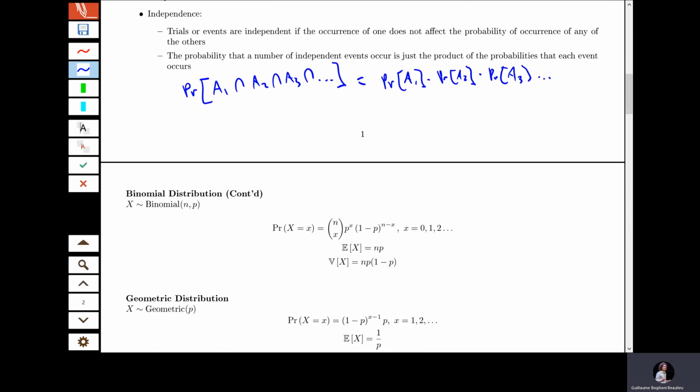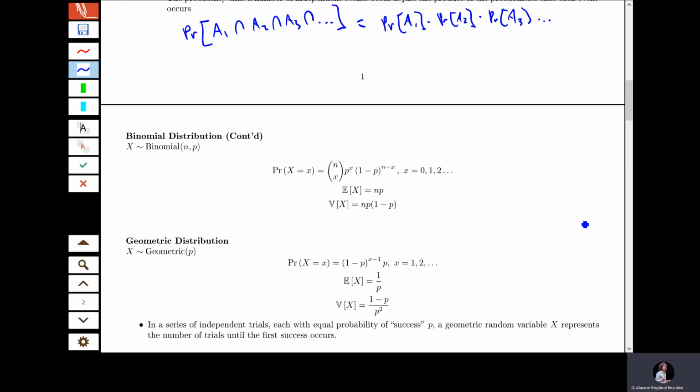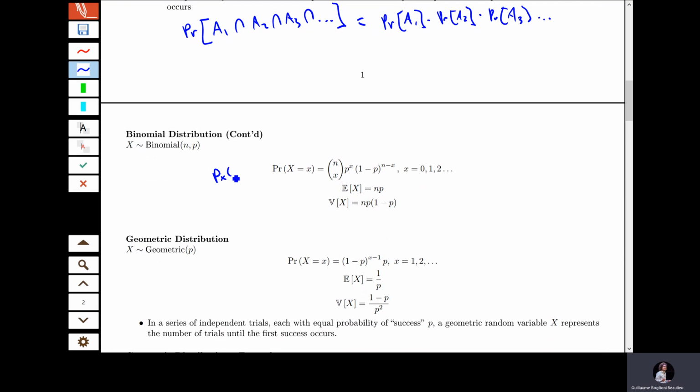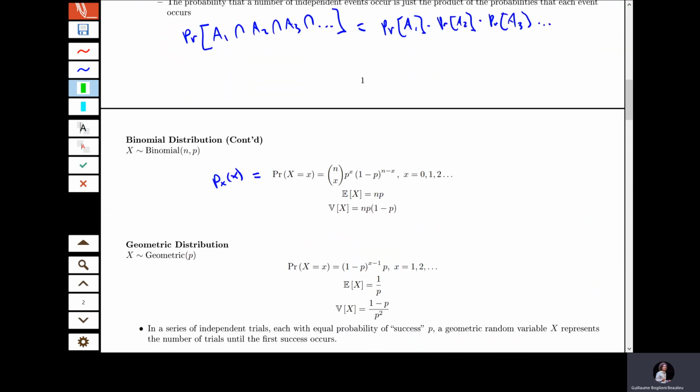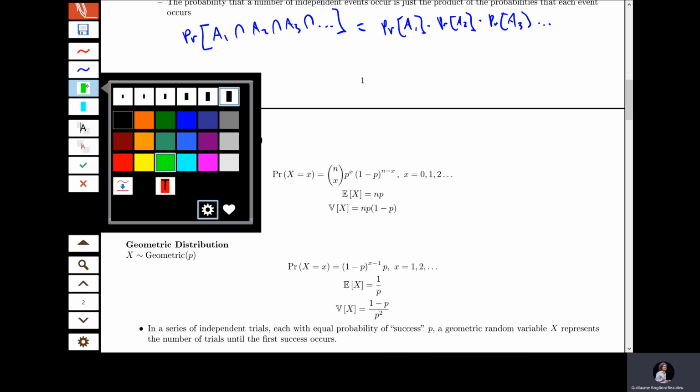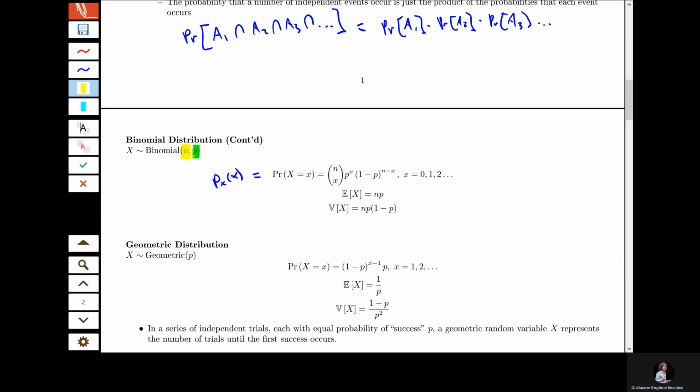Then in terms of the probability mass function, again, our little p of x, well, if we define our binomial to have the following parameters, n and p, you call them parameters, with the restriction that n is a positive integer, and p is a probability, so p is between 0 and 1.